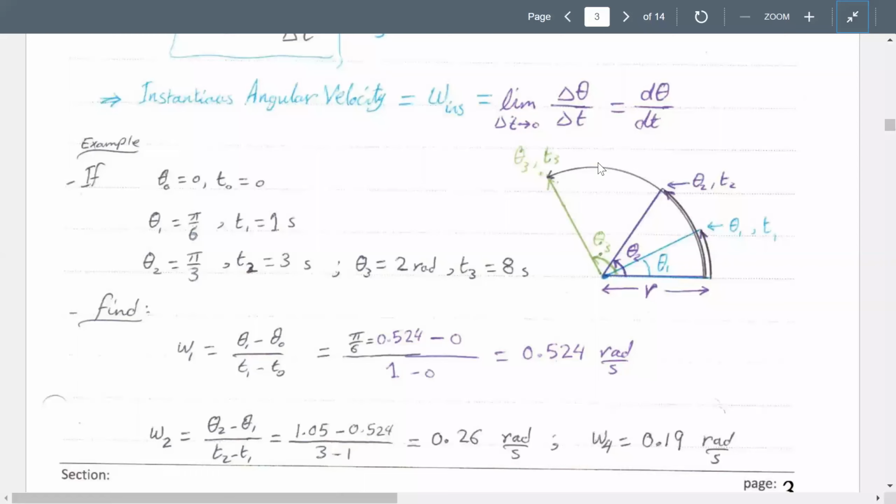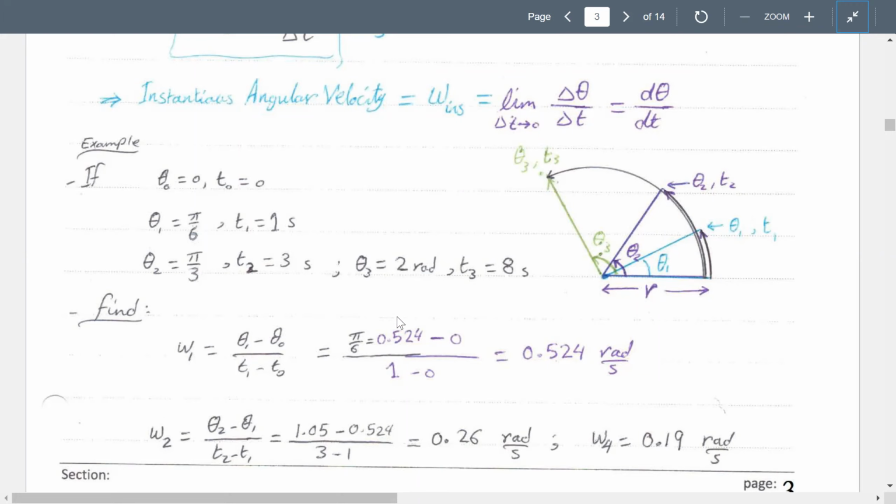Theta 3 here is equal to 2 radians, which is 114.6 degrees. If you remember, 1 radian is equal to 57.3 degrees. So 2 radians equal 114.6 degrees.